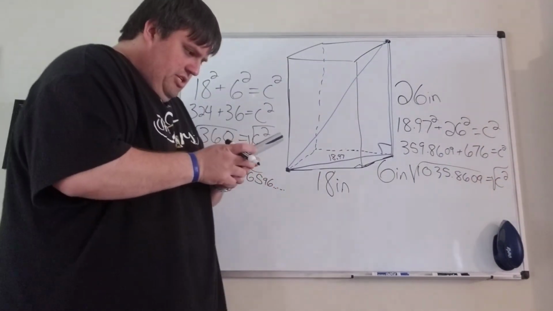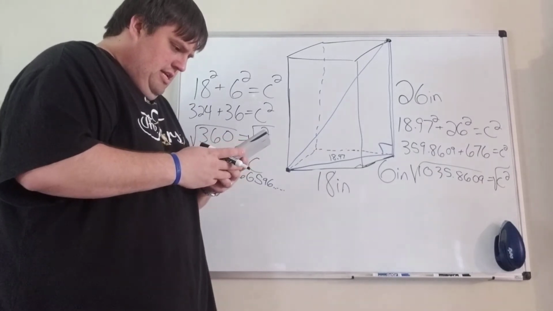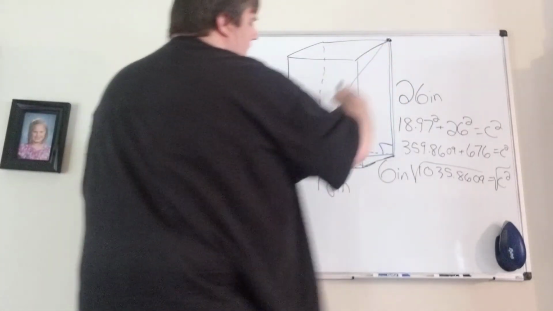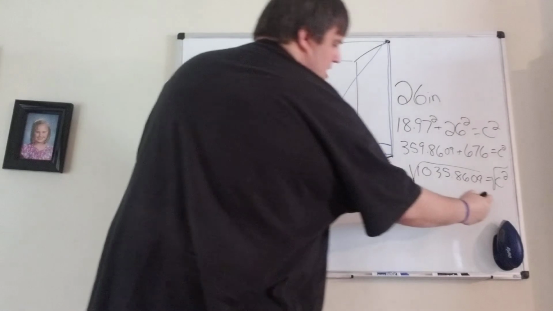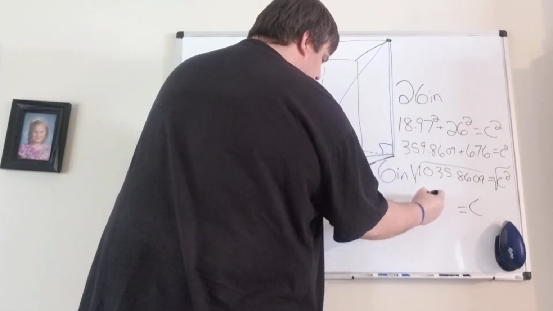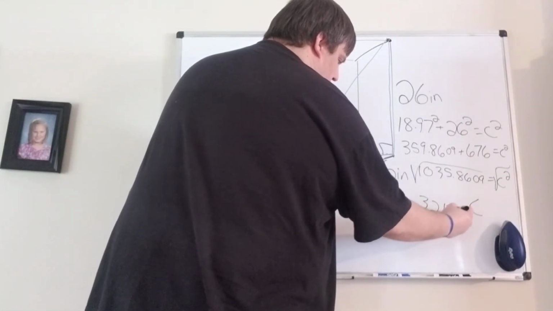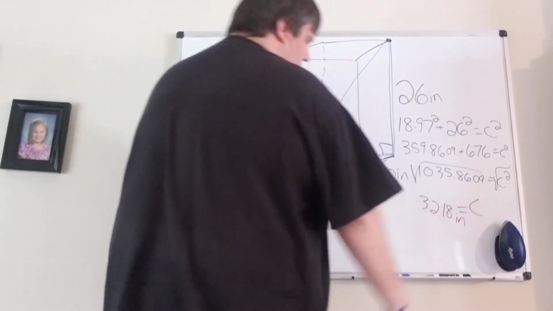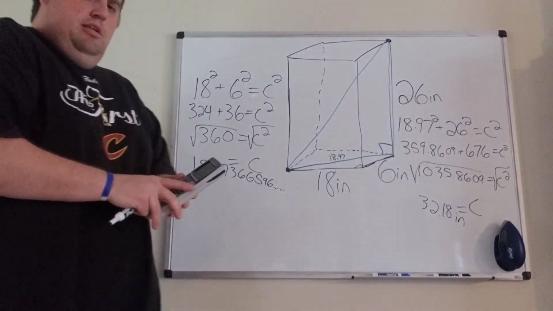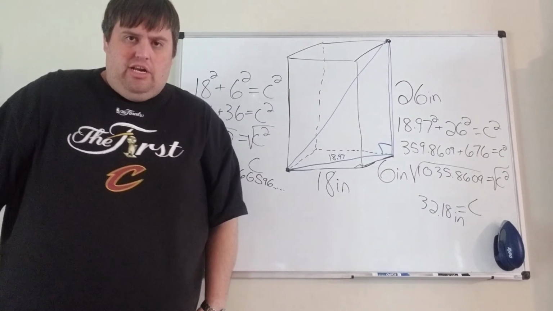So on my calculator, I'm just going to square root the answer. And I got that the longest item that would fit in this box, this rectangular prism, is going to be 32.18 inches long. So that's how you're going to do that problem.